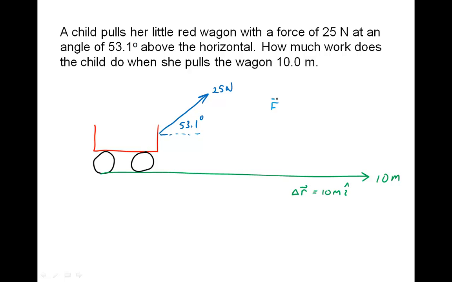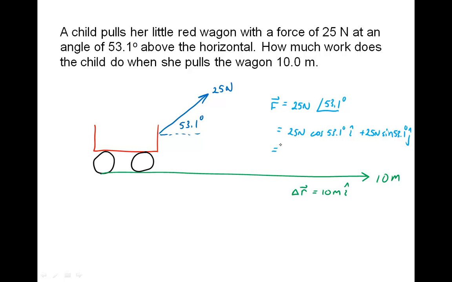The force is equal to 25 newtons at an angle of 53.1 degrees above the positive x-axis, in this case the horizontal. And so I can break this down into 25 newtons times the cosine of 53.1 degrees, i hat, plus 25 newtons times the sine of 53.1 degrees, j hat.